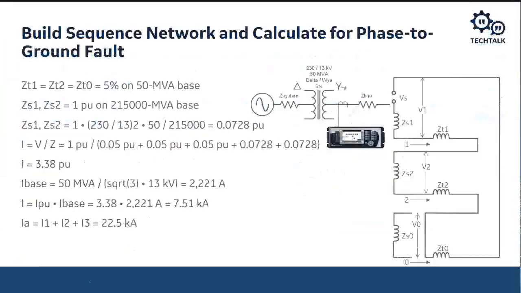Let me point out one other thing before we move forward. The other thing that I really want to point out is, imagine the same system. Remember that when we calculated the three-phase fault current, they were the same previously when we assumed the infinite bus.